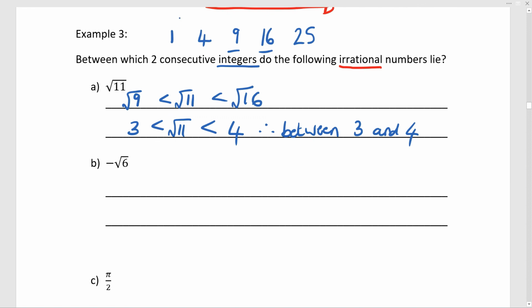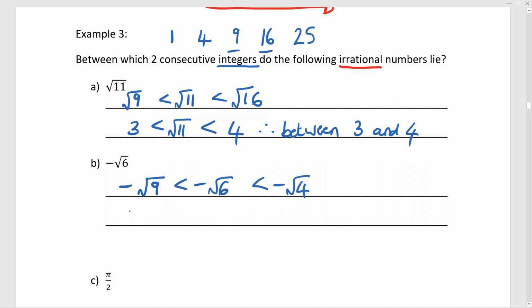Okay, and what when it's negative? So let's go back here and let's look at my perfect squares. Between which two does 6 fall? Between the 4 and the 9, but of course it's negative, right? So we're going to be working the other way around. So I'm going to say negative root of 9. I can't put the negative inside, otherwise I have a non-real number. Negative root 9 is less than negative root 6, which is less than negative root 4.